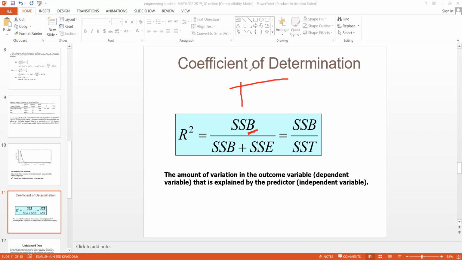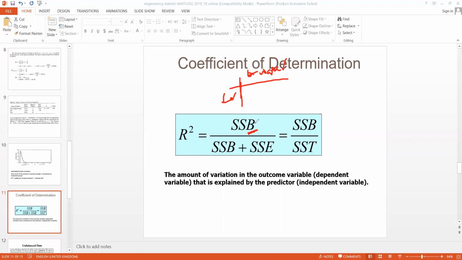Maybe in the case of the fertilizer, your treatments are the amount of water applied, and then you have another treatment which is the amount of fertilizer. Then it means there are two different treatments. That is a two-way analysis of variance.